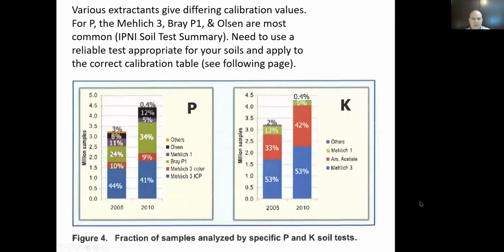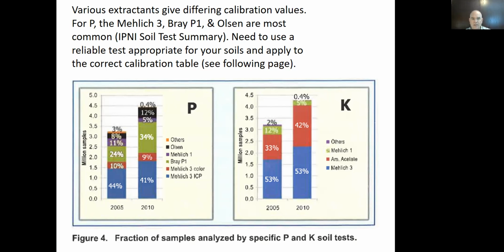Okay, now I've mentioned these different tests. Various extractants have been developed over time, and I'm showing just phosphorus and potassium here. Phosphorus is the biggest deal because there are some really big differences in these tests. I'm going to explain that in just a second, but you're looking at the distribution of what tests are done out there.